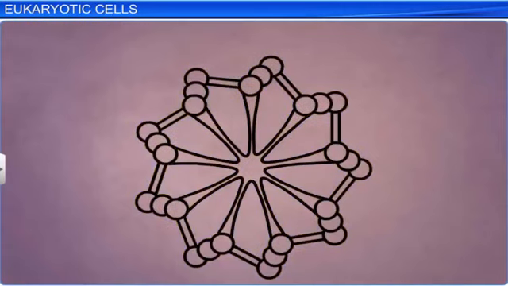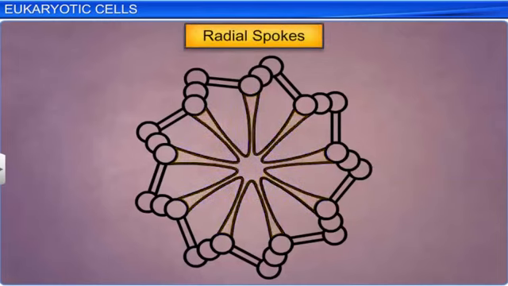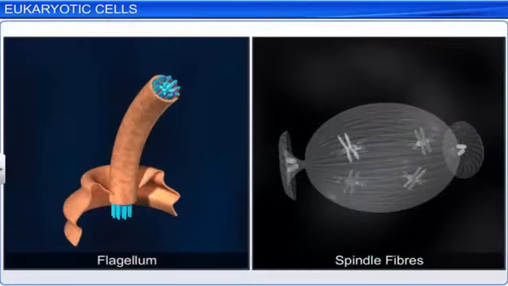The central part of the centriole, called the hub, is proteinaceous and is linked to the tubules of the peripheral triplets by radial spokes made of protein. Centrioles form the basal body of cilia or flagella and spindle fibers that give rise to a spindle-like apparatus during cell division.